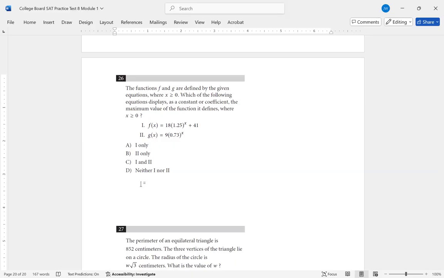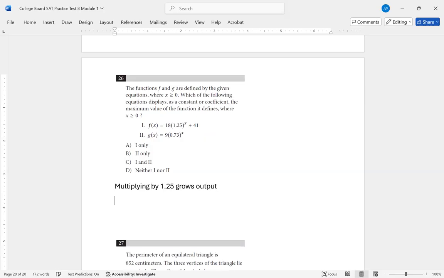And so think about this. If I repeatedly multiply by 1.25 as x goes from 0 to 1 to 2, multiplying by 1.25 is going to make our value bigger. So multiplying by 1.25 grows the function output, right? But multiplying by 0.75 decreases the output, as long as we're talking about positive.